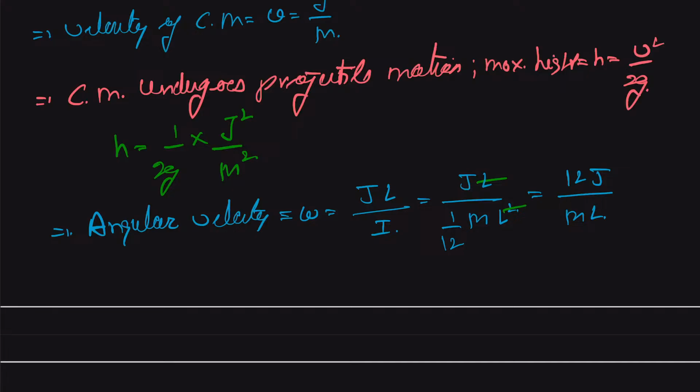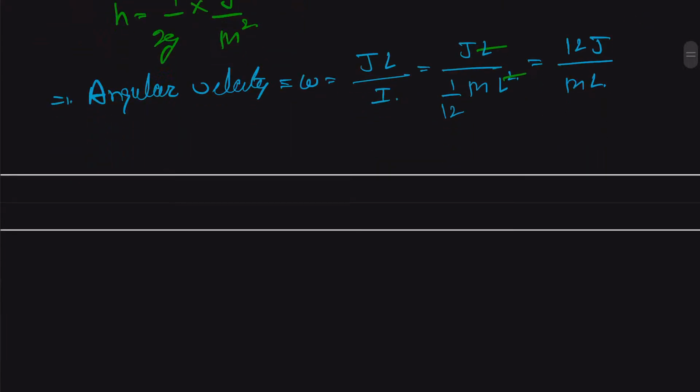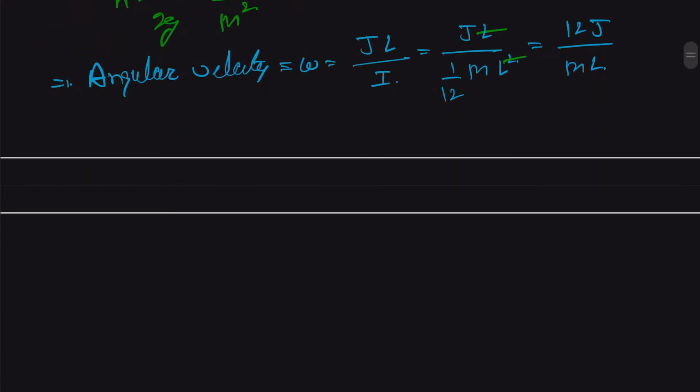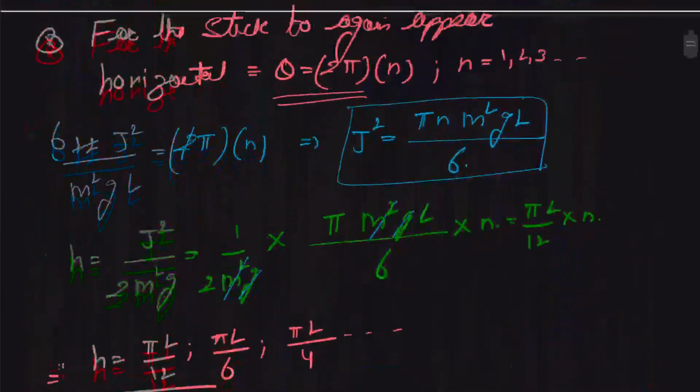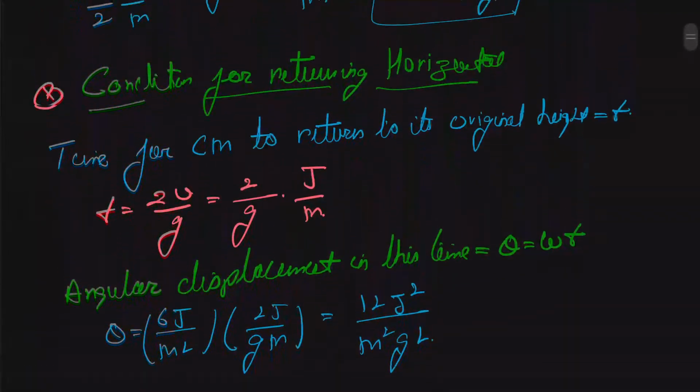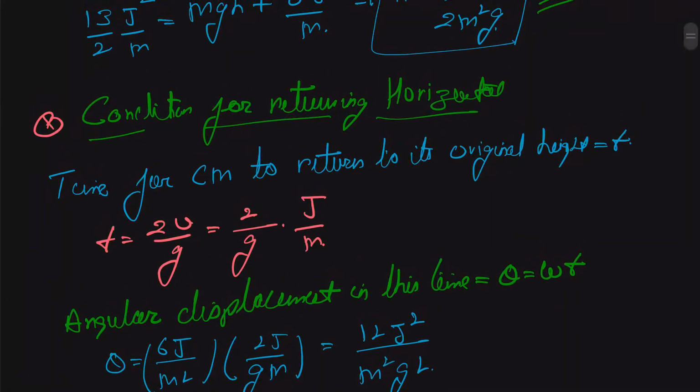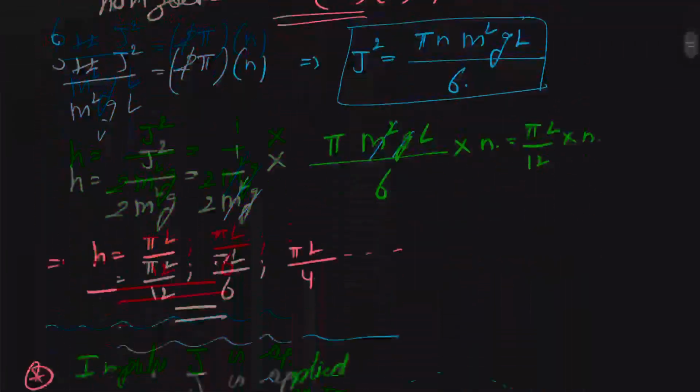And in the same way we can find out our time T, which we just also calculated here, that was 2v upon g, the time for the center of mass to return to its original height.